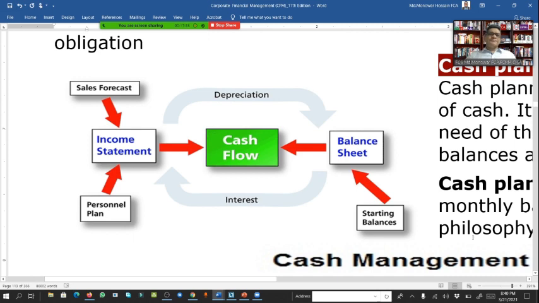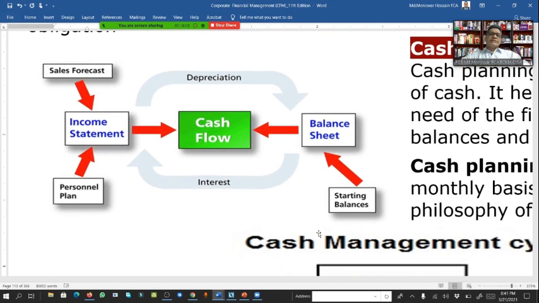Look here, first we have to forecast the sales, and from there we prepare the planned or budgeted income statement, and based on that income statement we also prepare the budgeted balance sheet. So what amount we need for the next period, we have to calculate for the cash budget and cash flow, and this is the future cash flow.